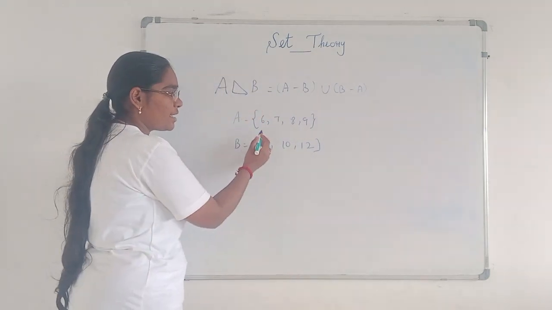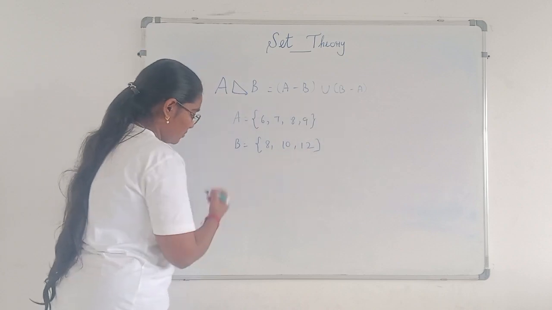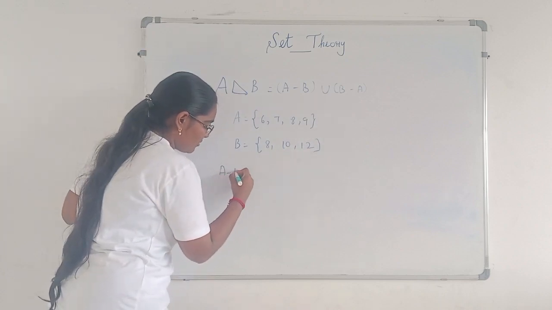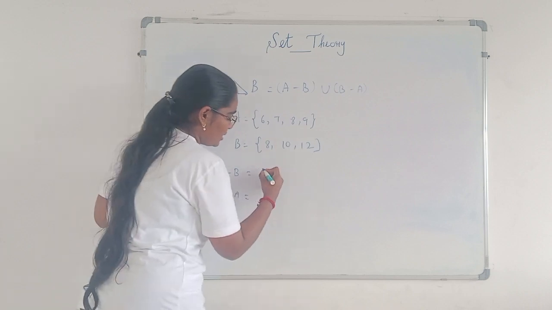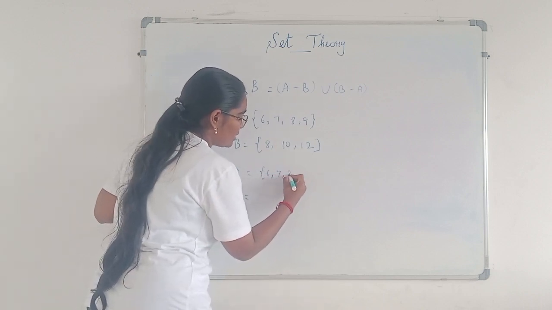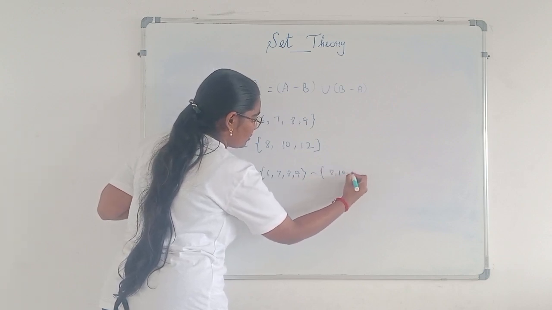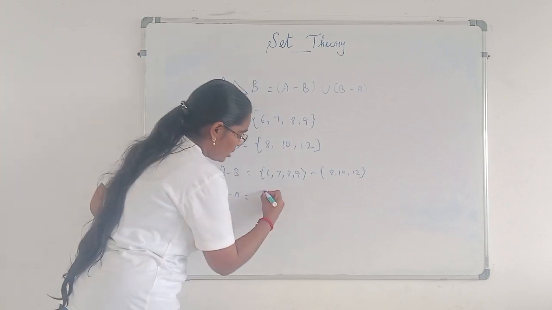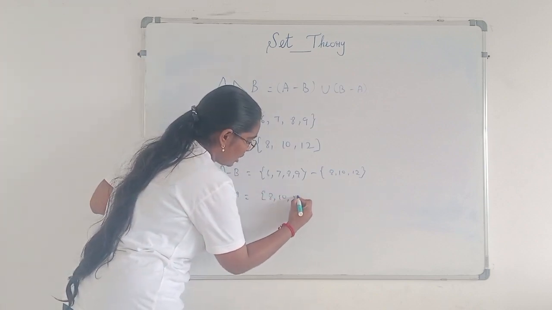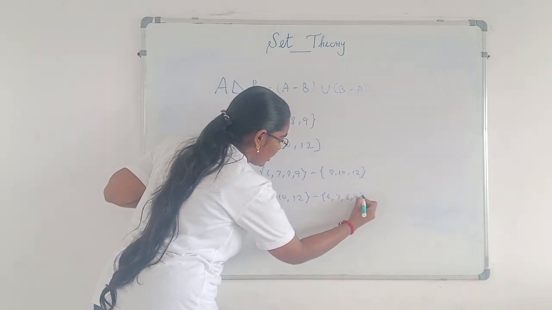In this example, A equal to 6, 7, 8, 9, B equal to 8, 10, 12. First find A difference B, next find B difference A. First write the set A, 6, 7, 8, 9, difference 8, 10, 12. Next write B difference A, 8, 10, 12, difference 6, 7, 8, 9.